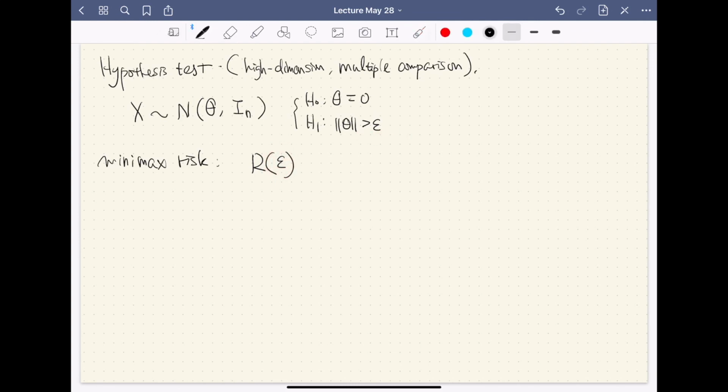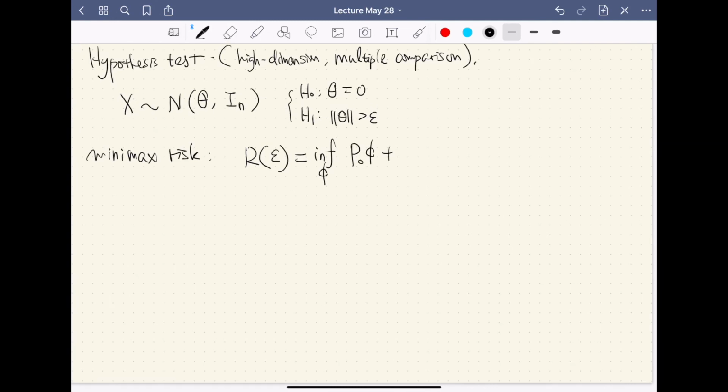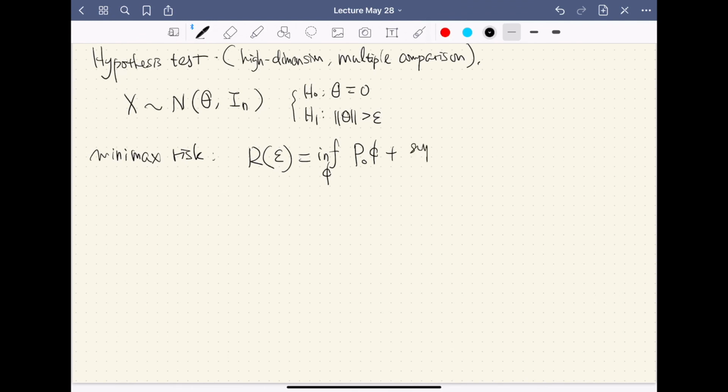So the minimax risk is defined to be the best test with respect to type 1 error plus the worst case type 2 error. So I'm going to use p theta for this distribution, right? So p theta is a normal theta identity and p0 is normal zero identity, okay?